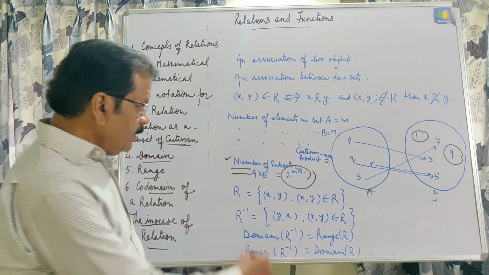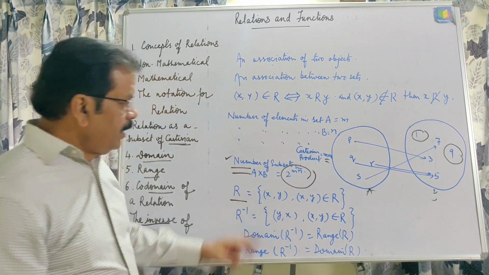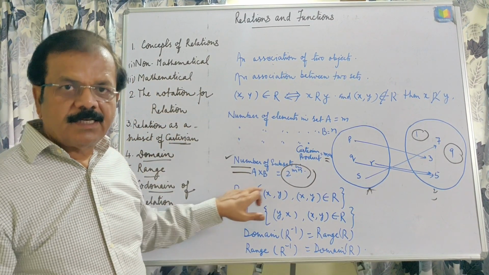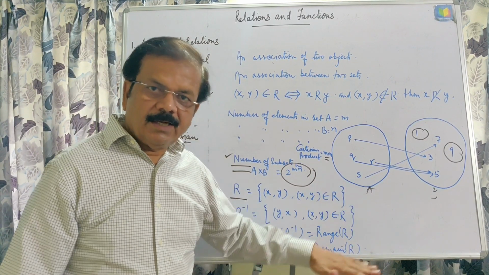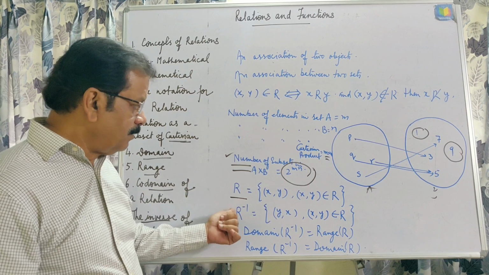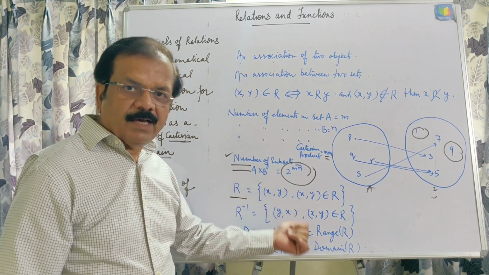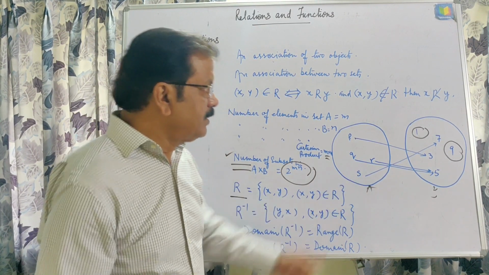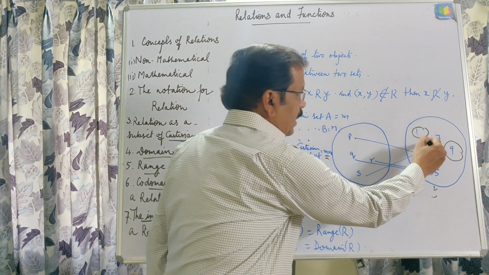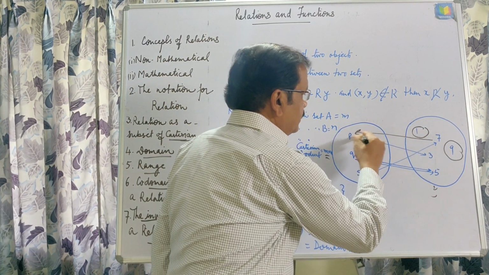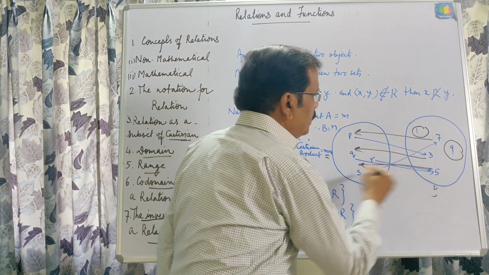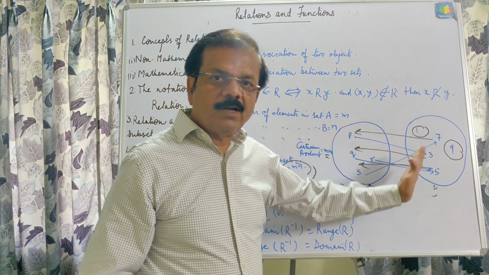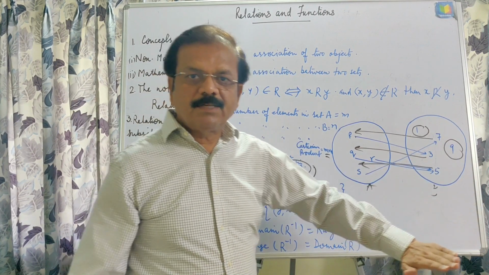Here, in notation, if R defines the relation xy where xy belongs to R, then obviously R inverse will be yx where xy belongs to R. This is the relation from B to A, and it is called the inverse of the previous relation.